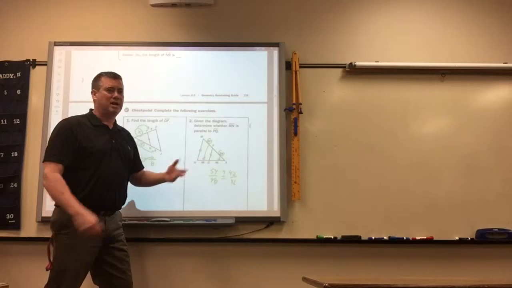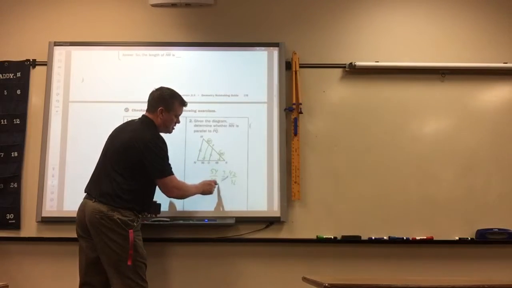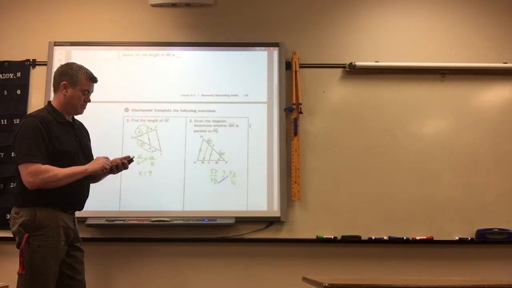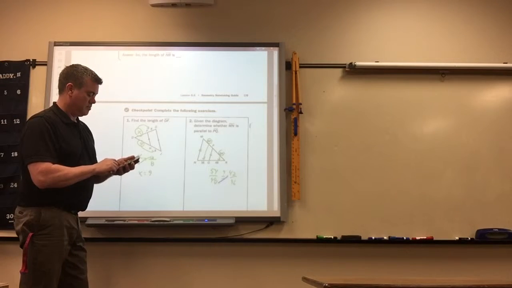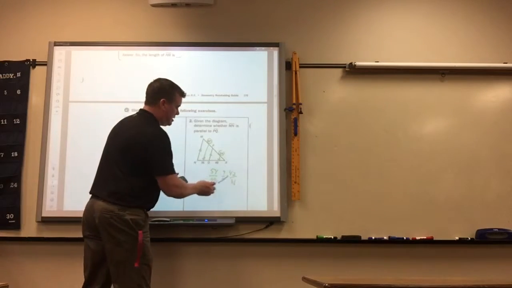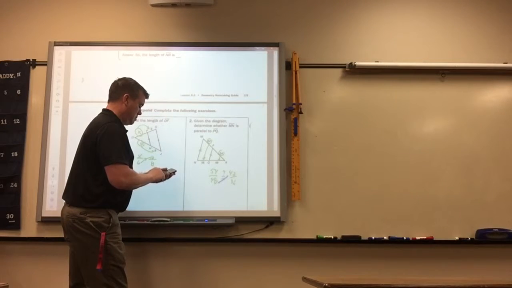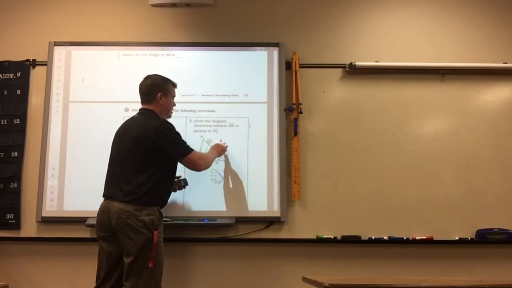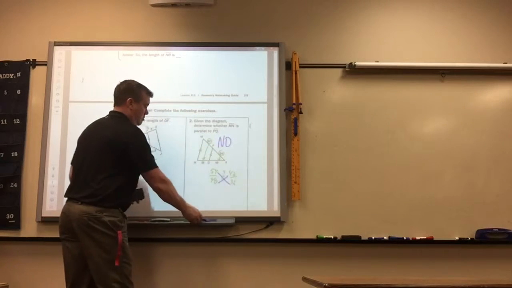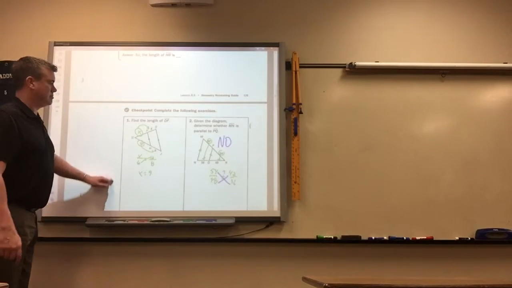There's 3 ways. Cross multiply. This times this. This 2016. This times this is not. So they would not be parallel.